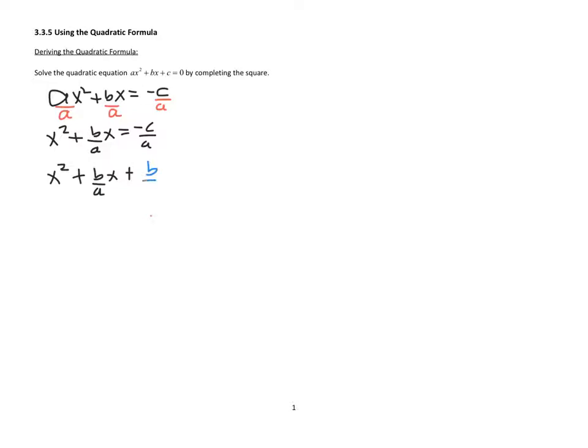It starts out b over a, half of that, so squared, is equal to minus c over a, and remember, what you do on one side, you do to the other side, so plus b over 2a, and that is squared.